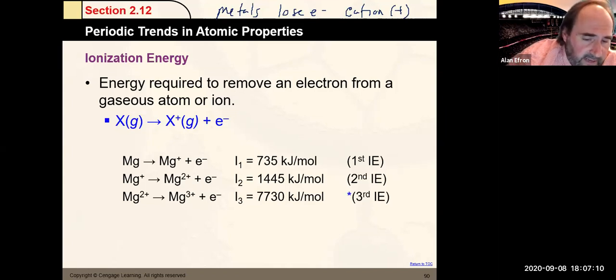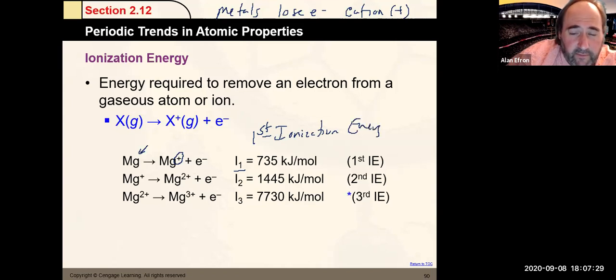We can see that, for example, in magnesium here, magnesium with no charge. The first thing that will happen is it will lose 1 electron and become positively 1 charged. The energy required to do that is sometimes referred to as the first ionization energy, the energy required to remove the first electron. Then this magnesium that now has a positive 1 charge will lose 1 more electron, and the energy required to do that is known as the second ionization energy.